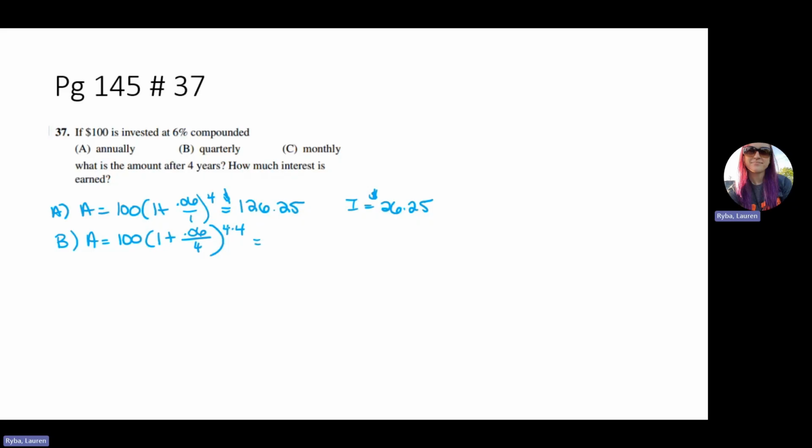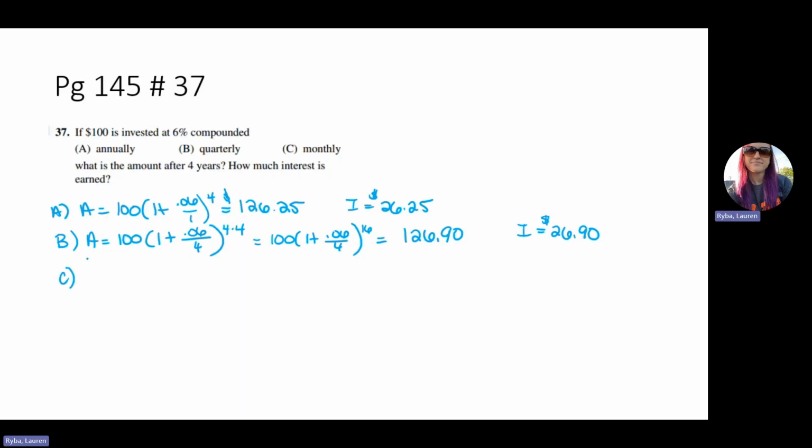So usually what I will do is I will do that math before I go and put this into my calculator, just so I have a single exponent of 16. And then you'll go to your scientific calculator, you'll type that in. I get $126.90. So I earned a little bit more money, $26.90 instead of $26.25.